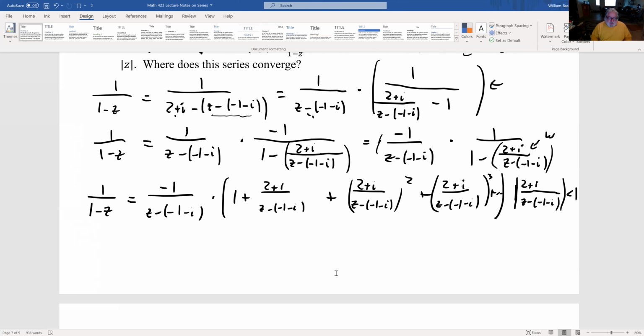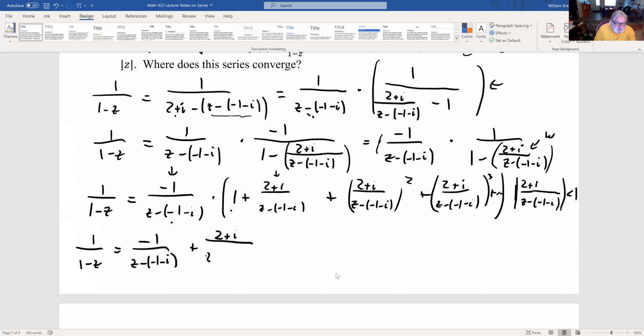Woof. Great, so here's our series. 1 over 1 minus z is minus 1 over z minus 1 minus i. That's this term times the 1. Then I take this coefficient out front, multiply it by this, plus 2 plus i over z minus 1 minus i quantity squared, because I multiply this times this, and that's actually a minus sign from here.